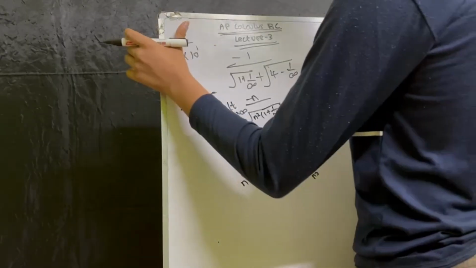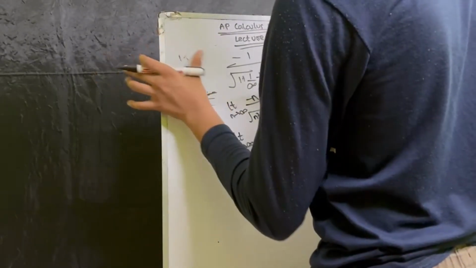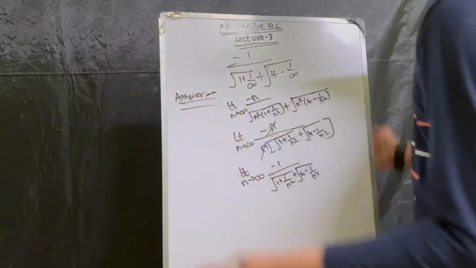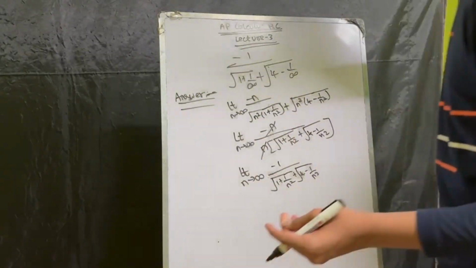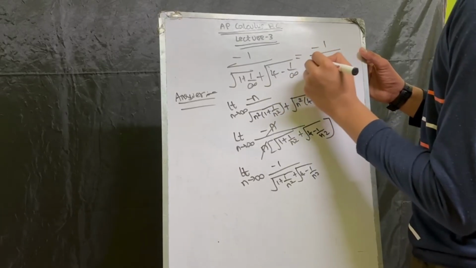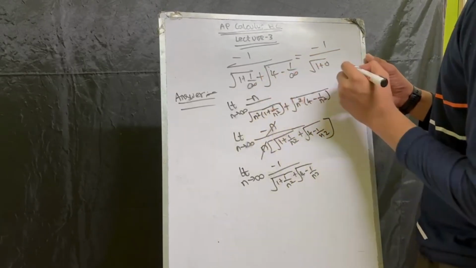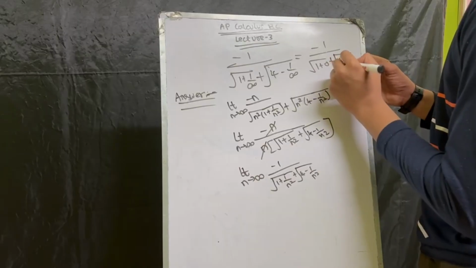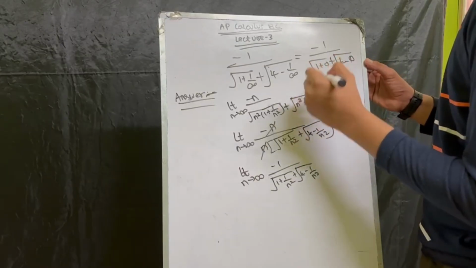So 1 by that big a number is a really small fraction. If you convert it into decimal, it tends to 0. So this equals minus 1 by the square root of 1 plus 0, plus the square root of 4 minus 0.